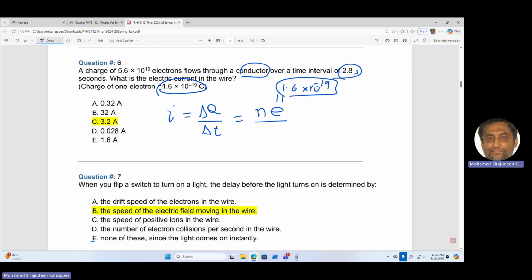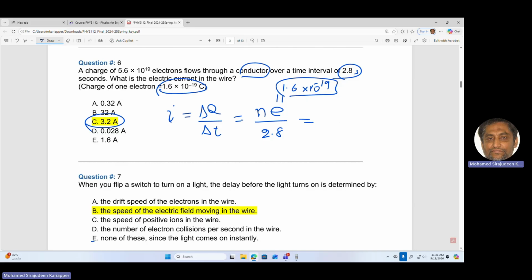So we get delta Q, divide by the time, 2.8 seconds, then you get the answer. You can just check it yourself. Coulomb is the SI unit, second is the SI unit, so coulomb per second is amperes. So you'll get the answer in amperes.